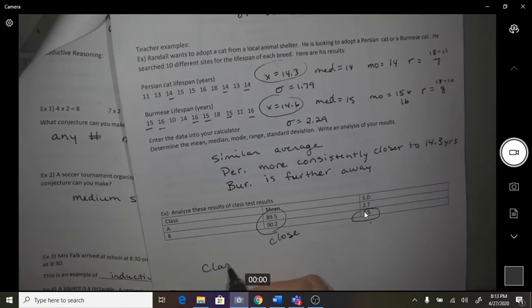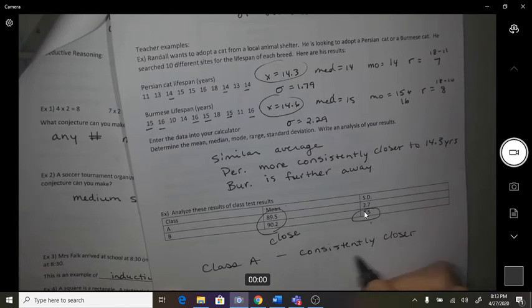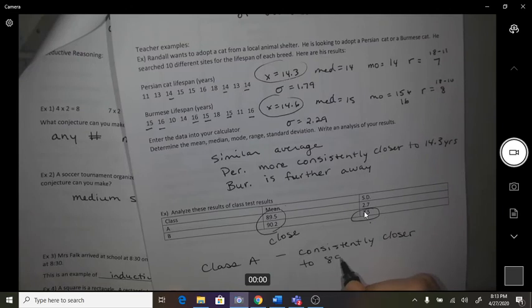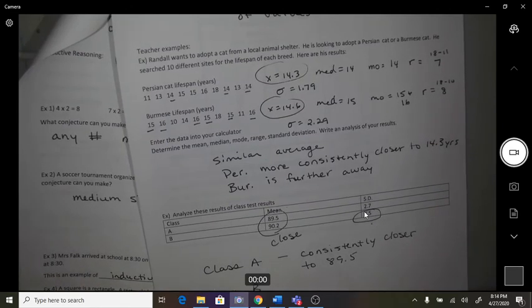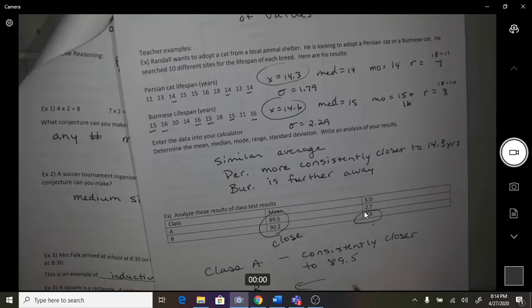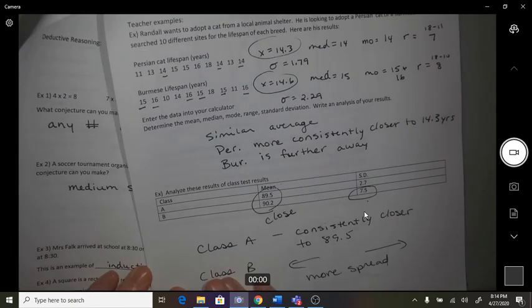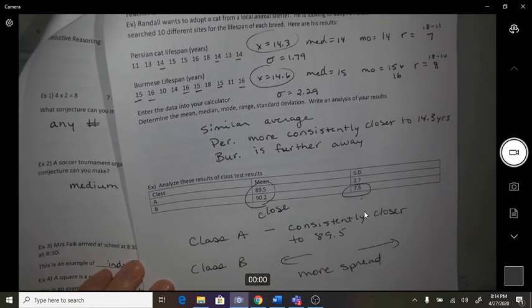So class A was more consistent. And class B more spread. So some scored really low and some scored really high.